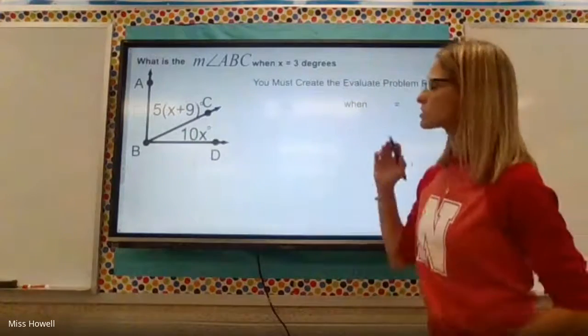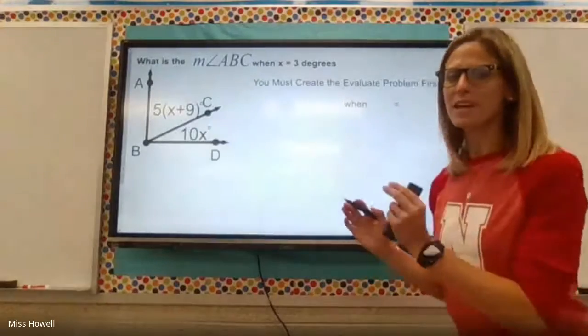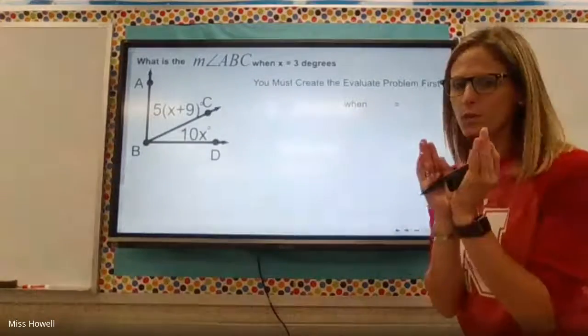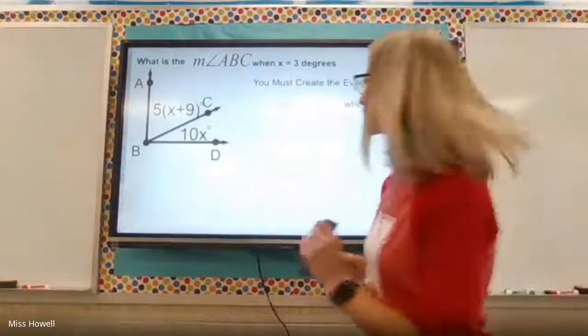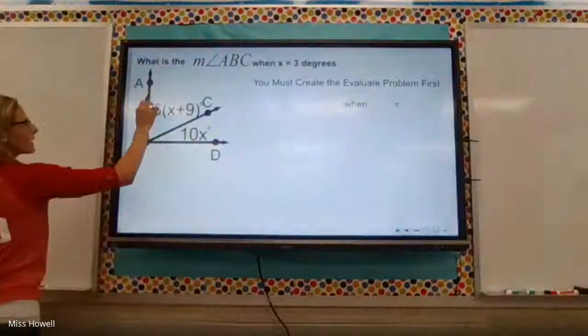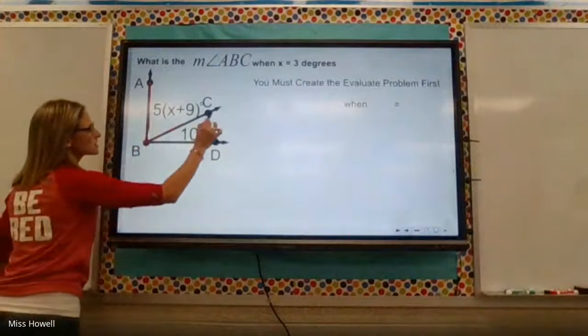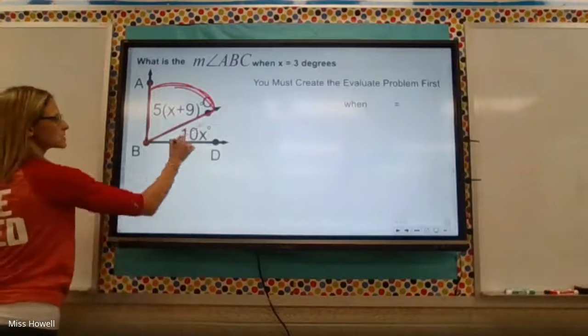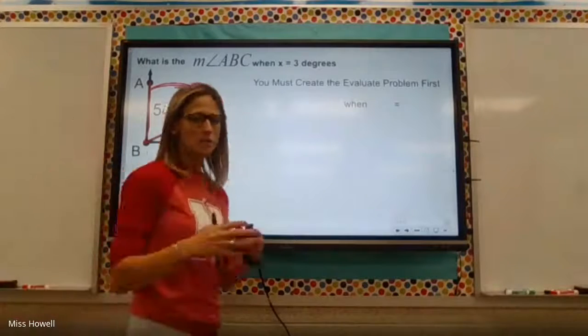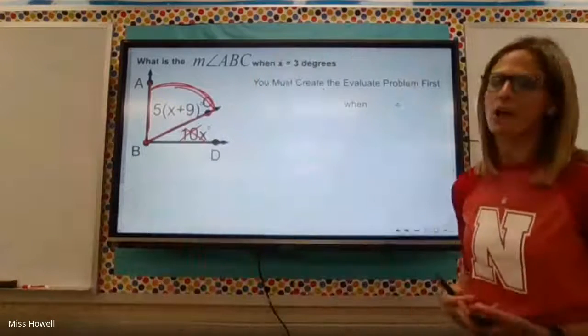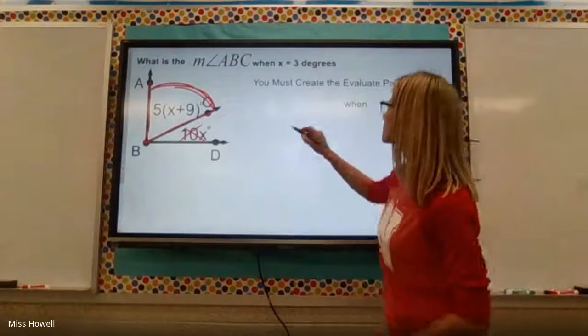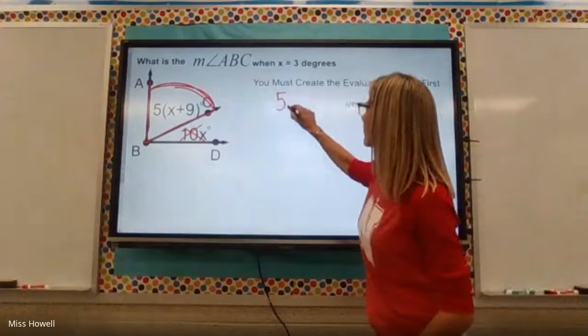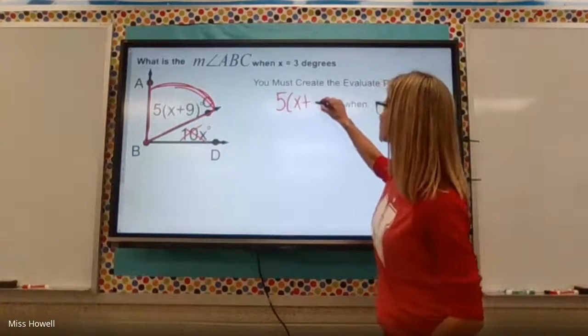This says start at A, go to B, and then to C. It only wants that particular wedge of the picture. So if I start here at A, I go down to B and up to C. It means it wants this portion, not this portion of the angle. So we're not using the 10x expression at all in this case. It wants us to evaluate 5 times x plus 9.